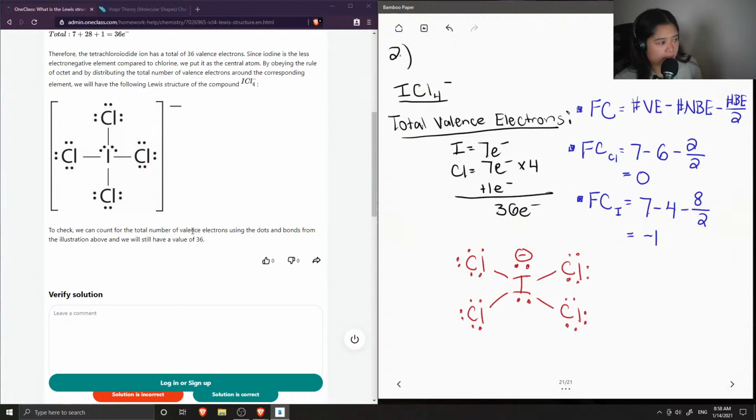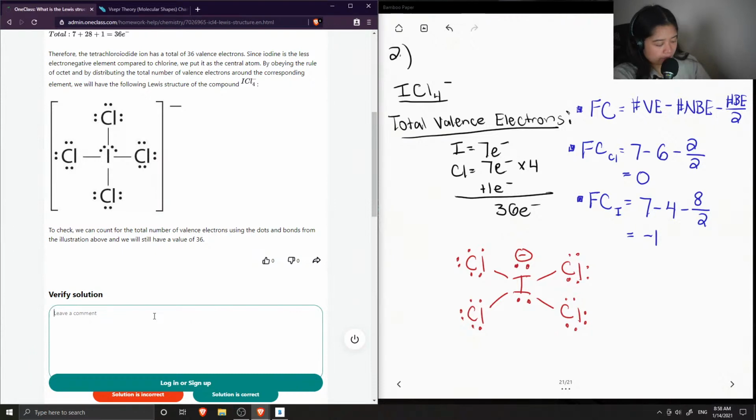Okay, so they got the same thing. And to check, we can count the total number of valence electrons using the dots and bonds from the illustration above, and we will still have a value of 36. Okay, so this solution is correct.